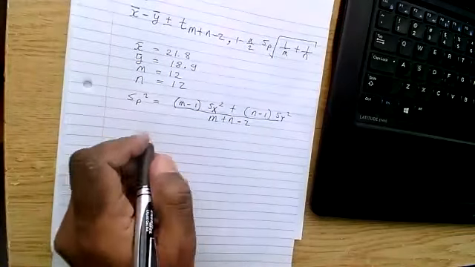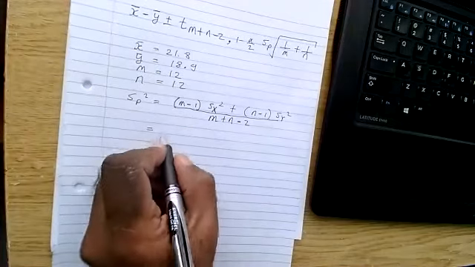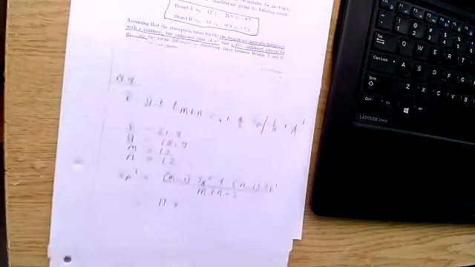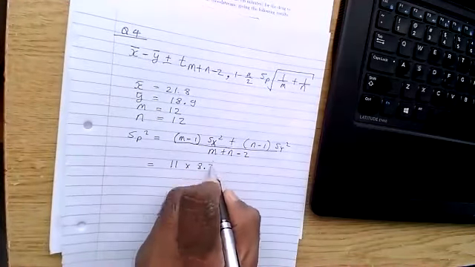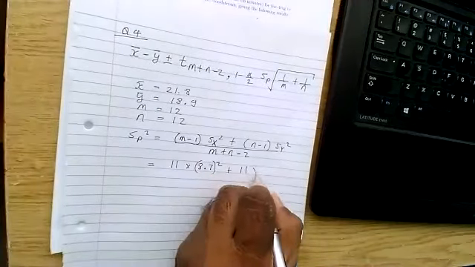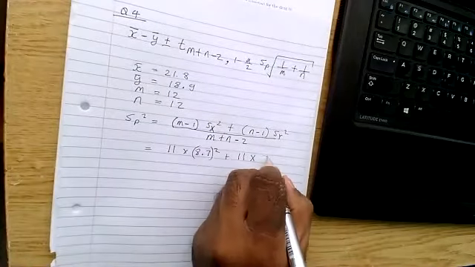Okay, now M is 12, so 12 minus 1 is 11, times the sample variance for the first sample, which is 8.7 squared, plus 11 times the sample variance for the second, which is 7.5 squared.